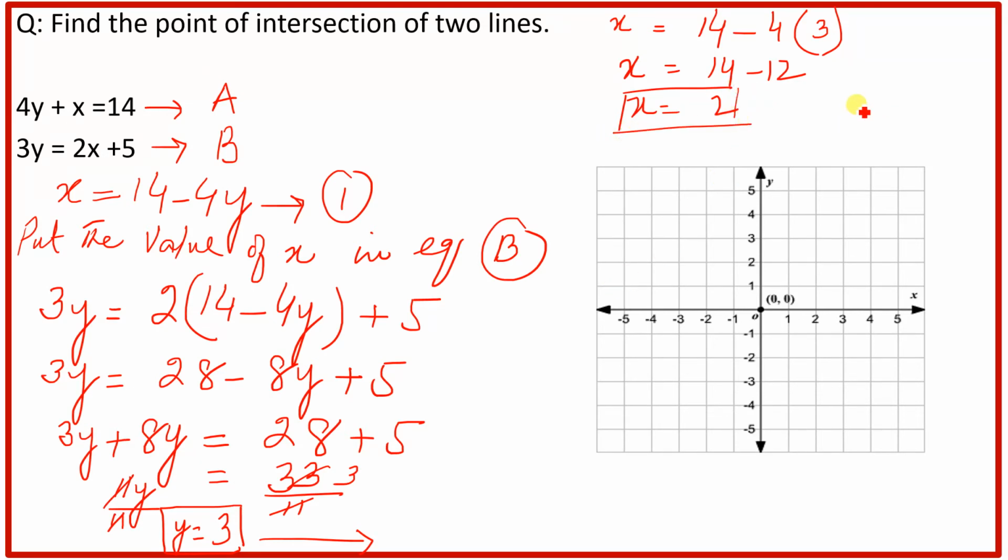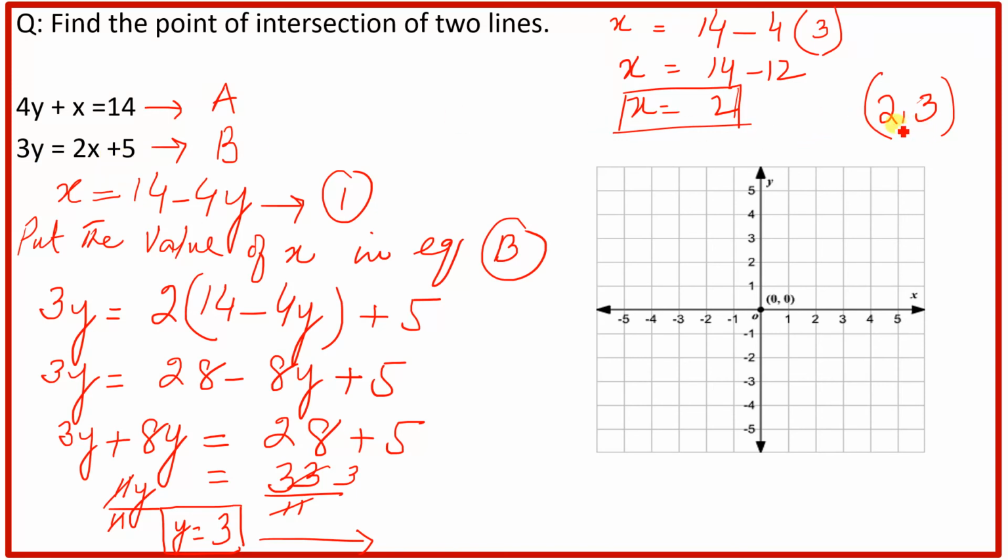Keep in mind, when we write the coordinates, we always write the x coordinate first. So our x coordinate is 2 and our y coordinate is 3, so (2, 3). If we put 2 instead of x and 3 instead of y, this equation will be satisfied. Same thing if we put 2 instead of x and 3 instead of y in the second equation, it will be satisfied.